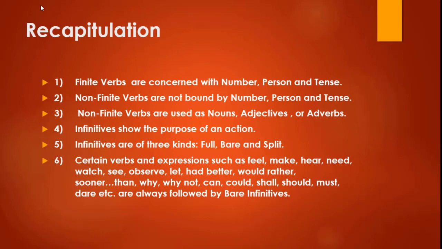And last point is that it is to be kept in mind that certain verbs and expressions such as feel, make, hear, need, watch, see, observe, let, had better, would rather, sooner than, why not, can, could, shall, should, must, dare, etc. are always followed by bare infinitives.